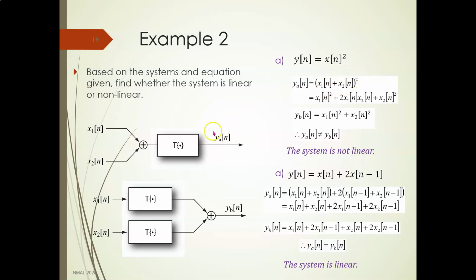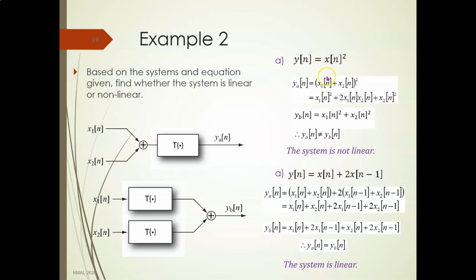This is for the first case, the series connection. When you square this and rewrite it, it becomes x1n squared plus 2 times x1n times x2n plus x2n squared. And then we use Ybn. For Ybn, x1 has to go into the system first, x2 has to go into the system also, and only then do we add together the outputs from these two parallel systems.